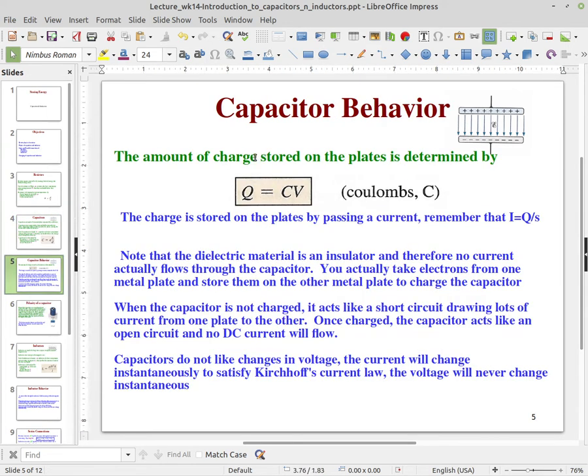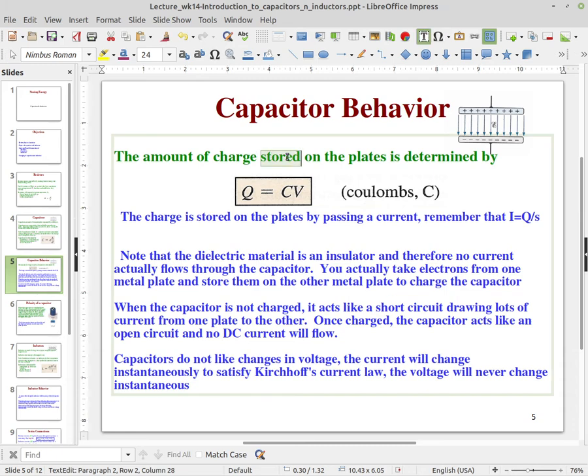Now, capacitors, as I said before, are storing energy. Technically, they're storing energy within those plates. This is done by passing a current. Remember that current is the charge, which we usually represent as Q, divided by seconds. And so what we're going to do is move charge and store it onto those plates.